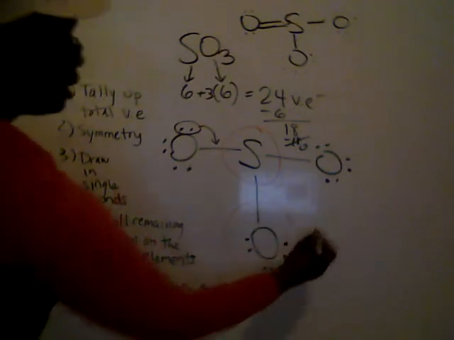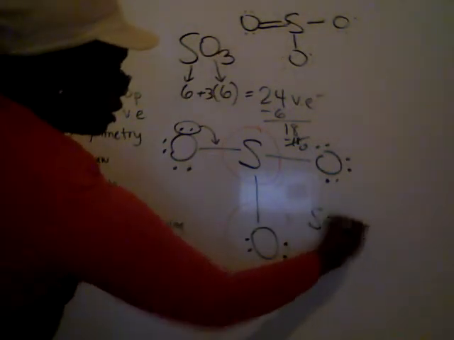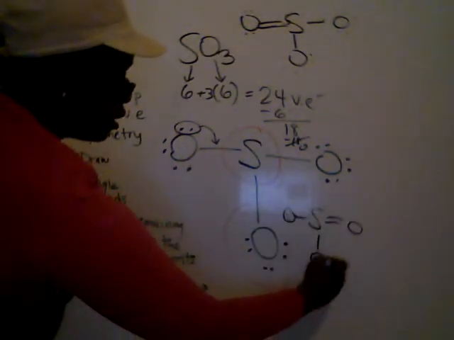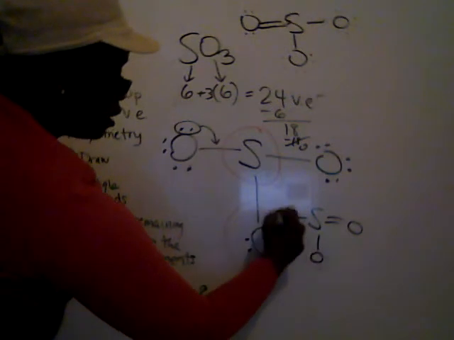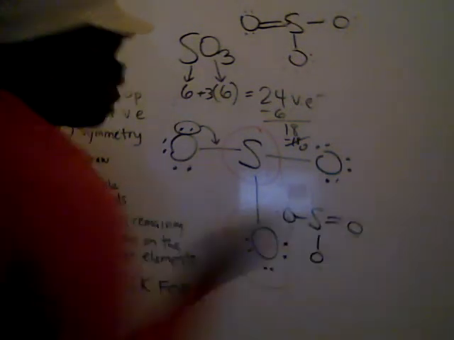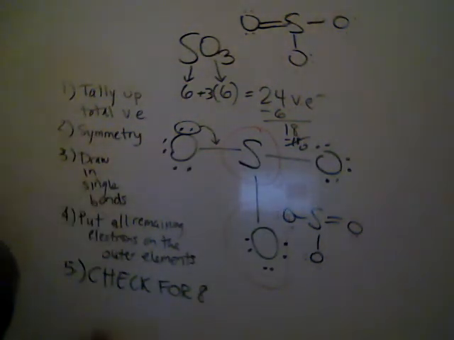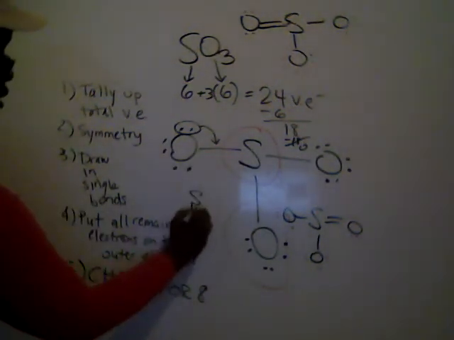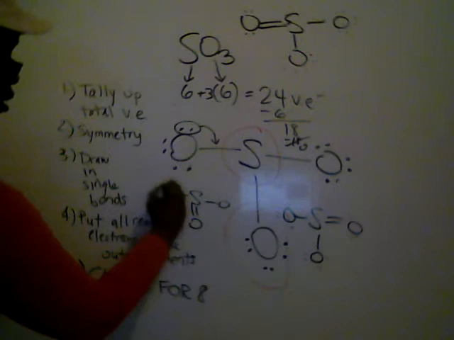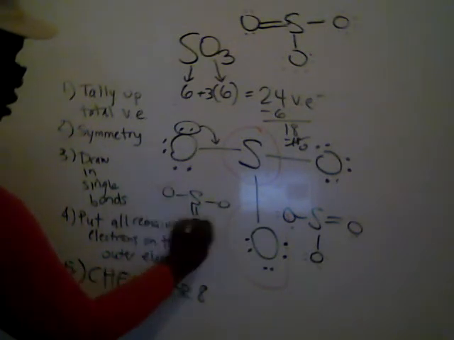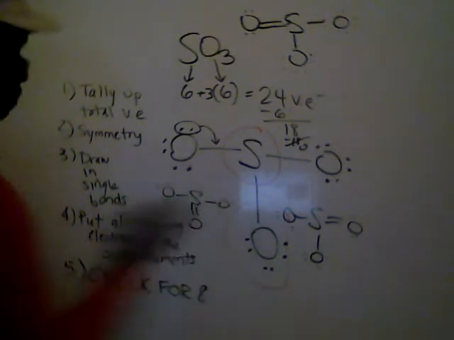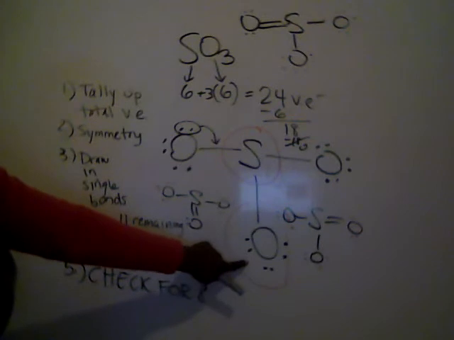Another example would be, and I'll squeeze it down here. We could have done it there, so we could have taken the electrons from this oxygen. Or, as a third option, we could have actually taken the electrons here from the one at the bottom.